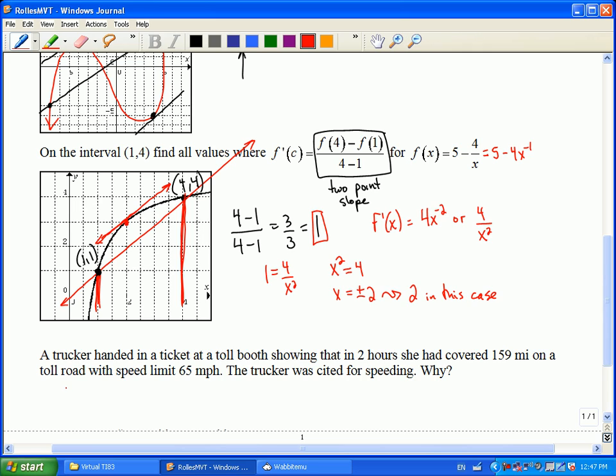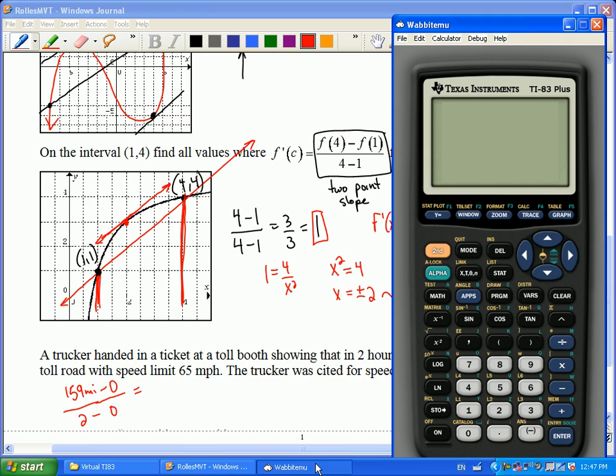How is it possible? Well, if you have 159 miles and you did that in 2 hours, so she traveled 0 miles at time 0, that's going to give you her average speed.